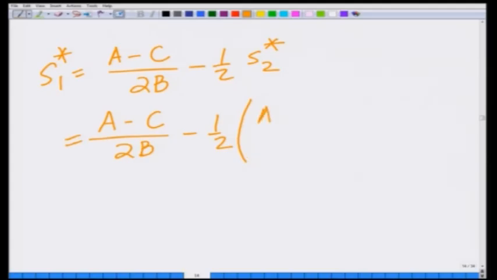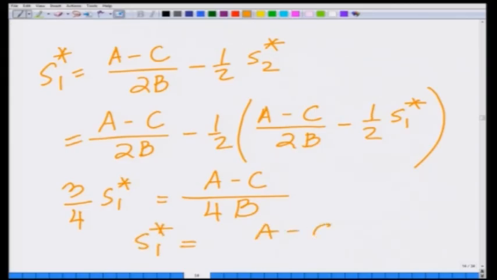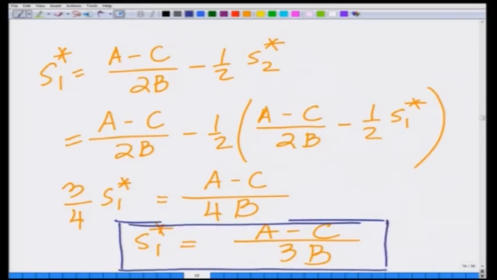of (A minus C) by 2B minus half of S1 star, and solving this I have 3 by 4 S1 star equals (A minus C) divided by 4B, which implies S1 star equals (A minus C) divided by 3B. Therefore, I get the Nash equilibrium quantity S1 star equals (A minus C) by 3B.